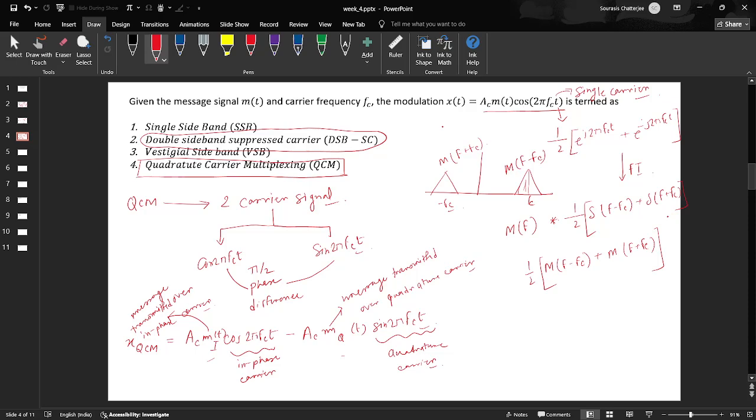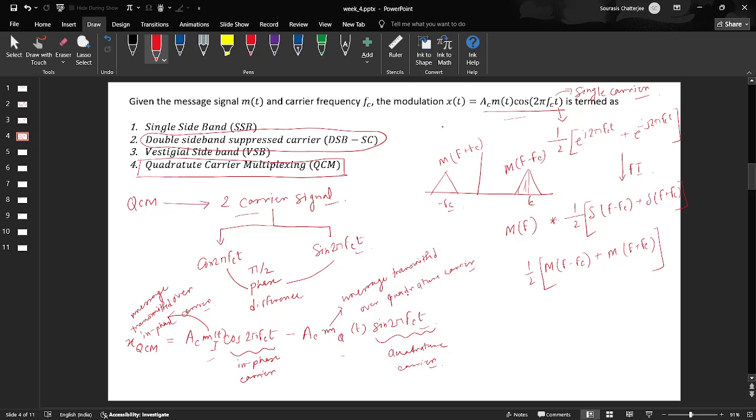Now note the difference first compared to DSB-SC or ordinary amplitude modulation, or AM. What we have seen so far is transmitting one message signal over one carrier. But now the catch is, I am using two carrier signals to transmit two messages over the same bandwidth.